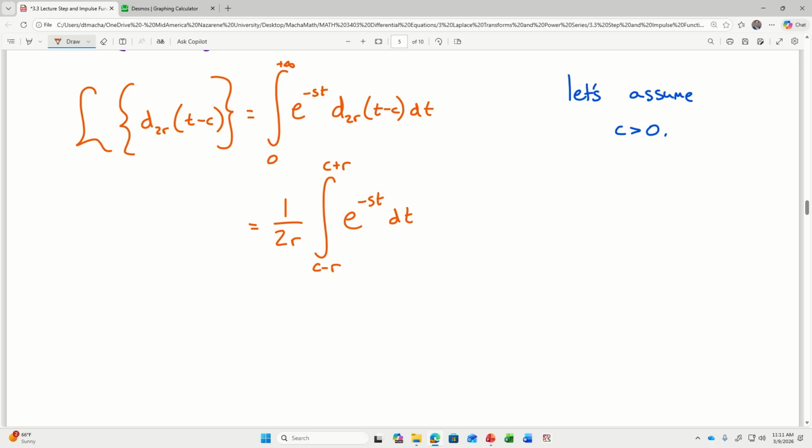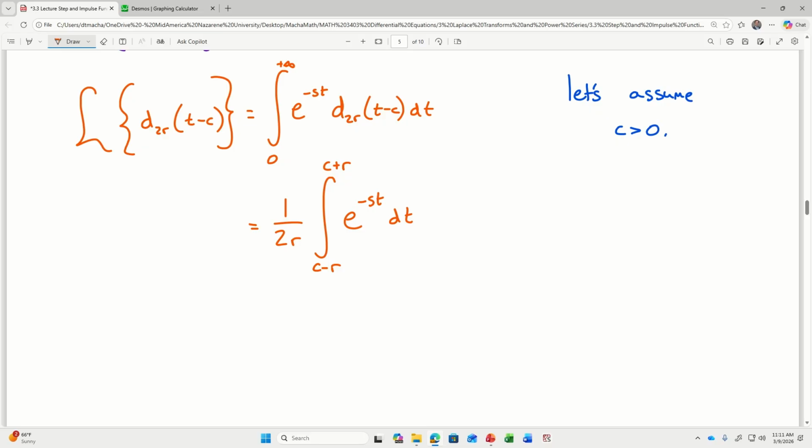So I'm getting rid of the rest of the interval of integration, except for the part where the pulse function is not 0, because if the pulse function is 0, then who cares? The whole integrand becomes 0. This is the only part that matters, c minus r up to c plus r, and the value of the pulse function in this interval is 1 over 2r. That's a constant, so you can take it outside of the integral.